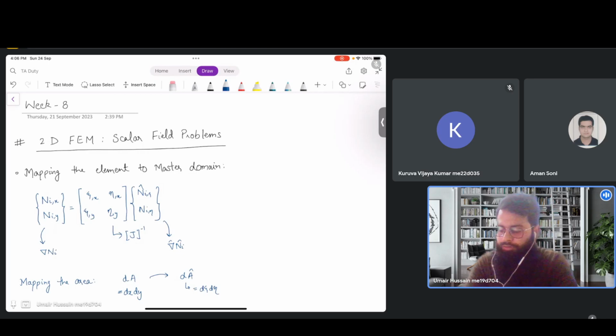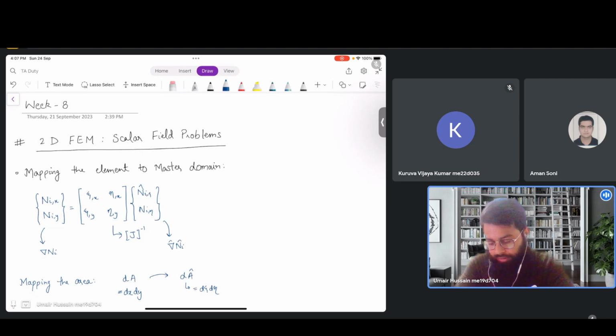Next we had to move on to 2D FEM. Before that, we spent a week on basic calculus that could be used in deriving especially the weak form for 2D FEM. Then last week we began the discussion on 2D FEM with scalar field problems. This week also we will continue the discussion.